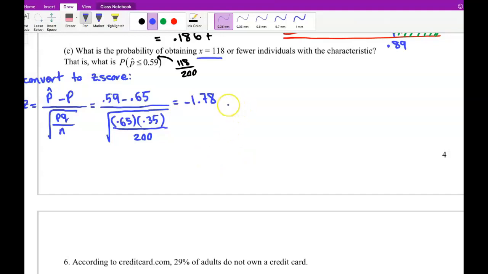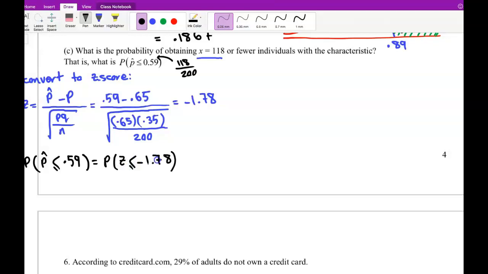Okay, now finding the area. So the probability when the sample proportion is less than 0.59 is equal to the probability when z is less than or equal to negative 1.78.